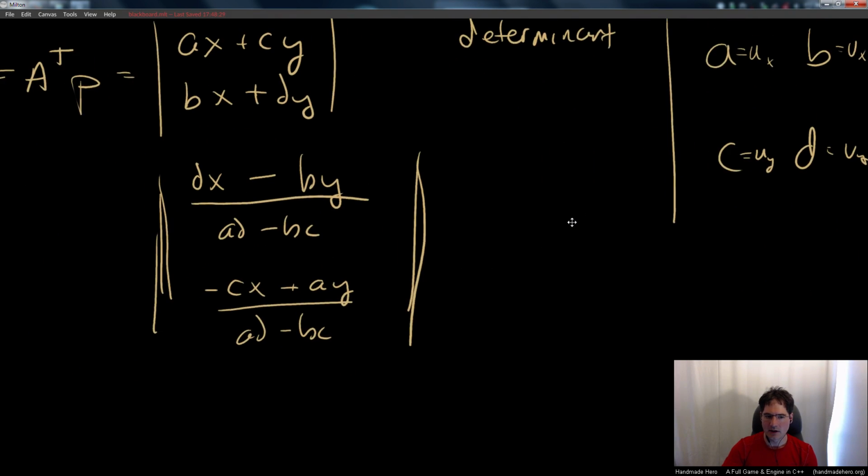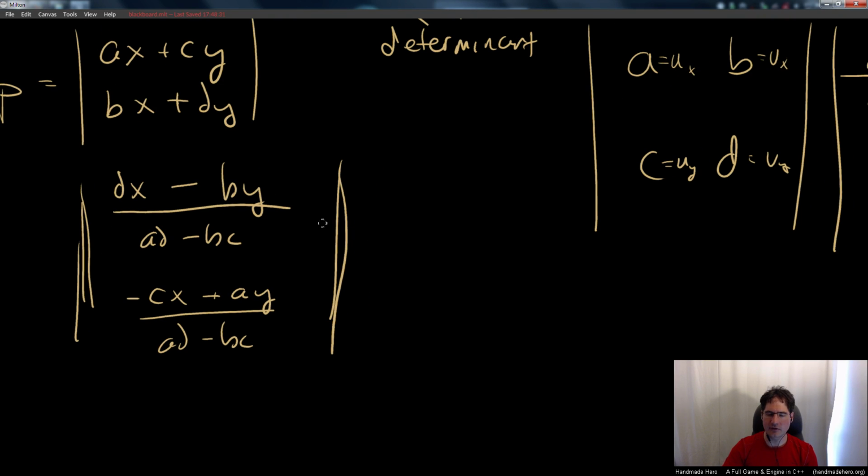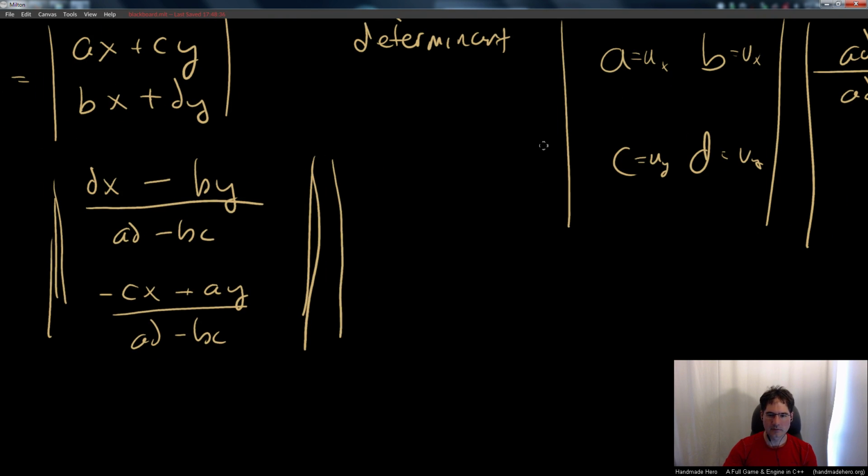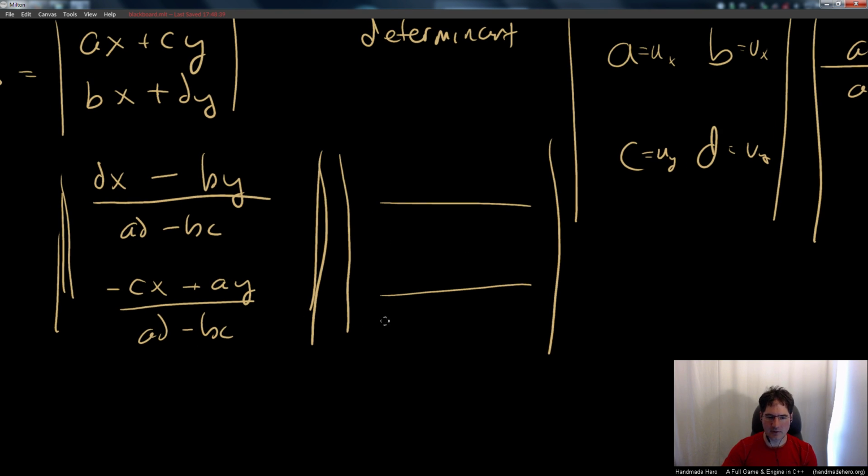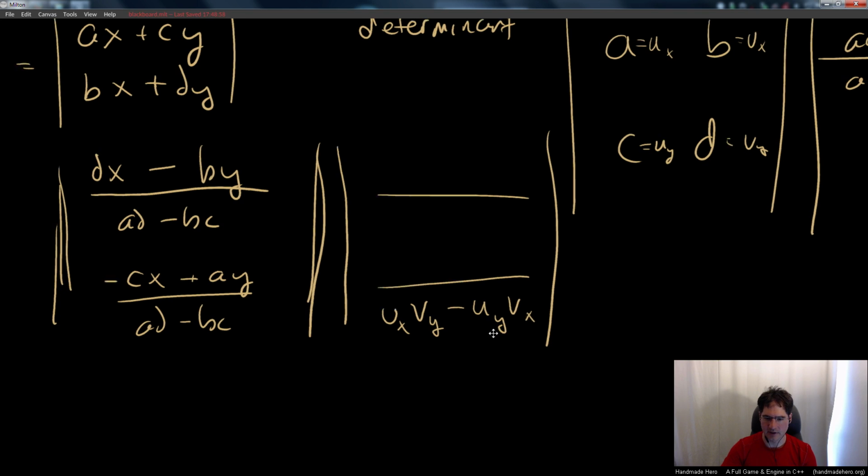So if I replace those, then on the bottom, my A is UX, my D is VY. So it's UX VY minus the BC, so VX UY. Or I guess we could write it UY VX.